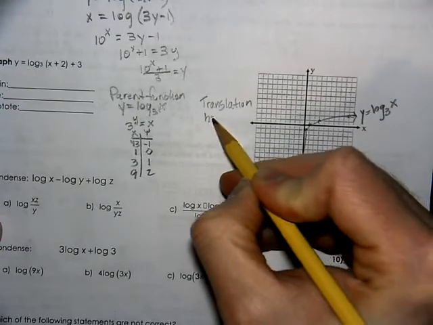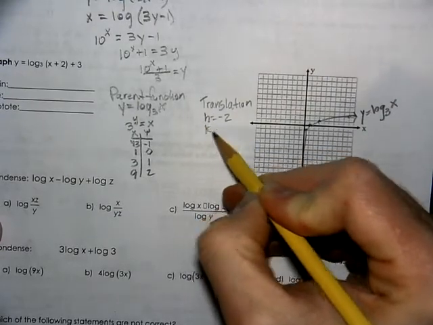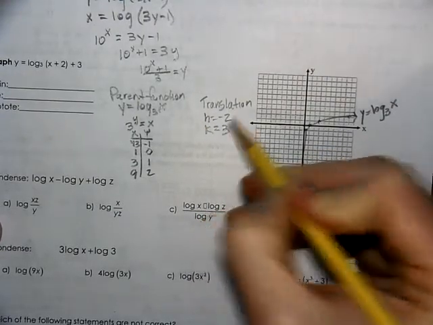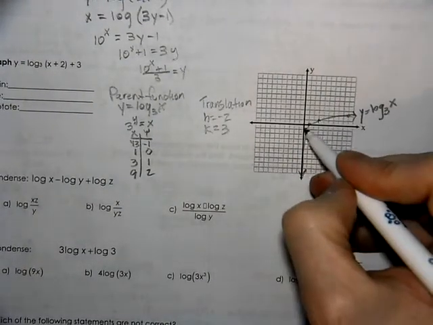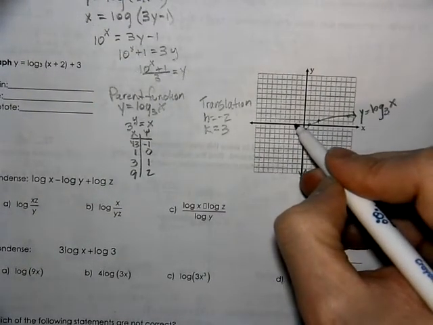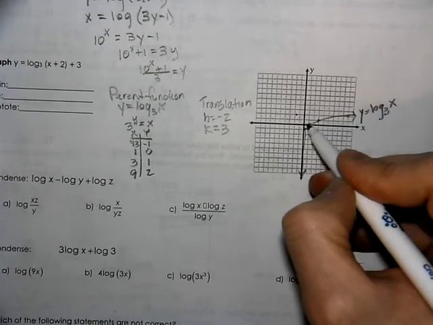Translation. So our h value is -2 and our k value is 3. So I'm going to take each one of these points and move 2 to the left, 3 up.